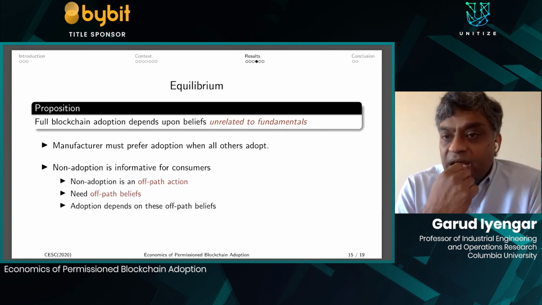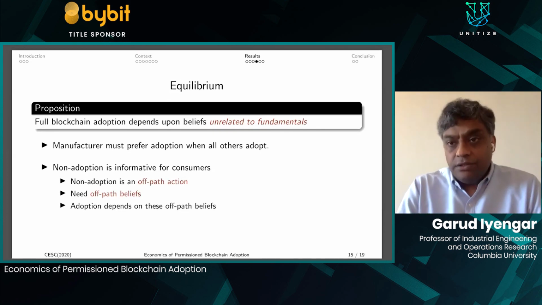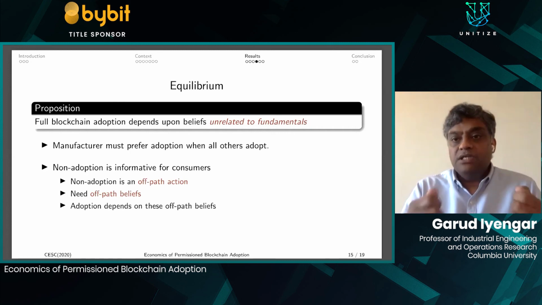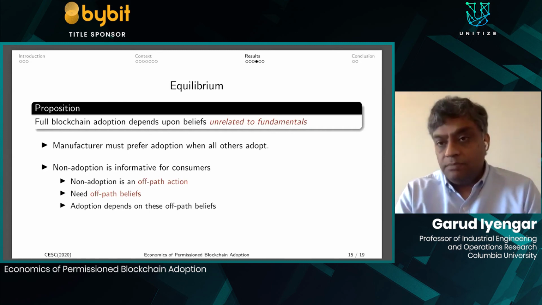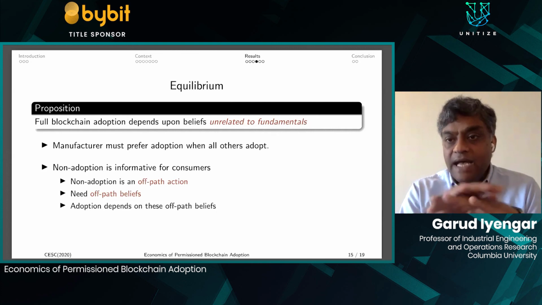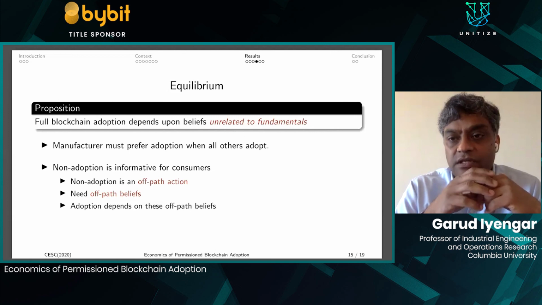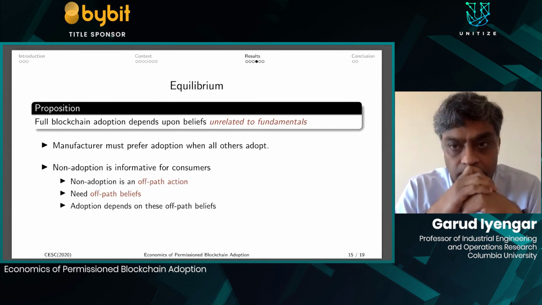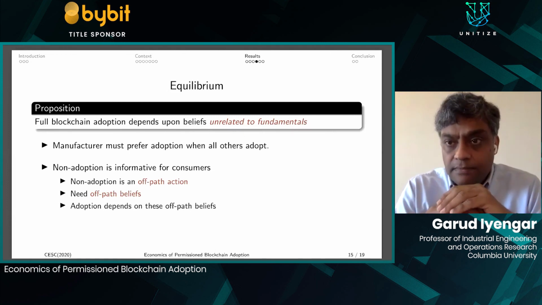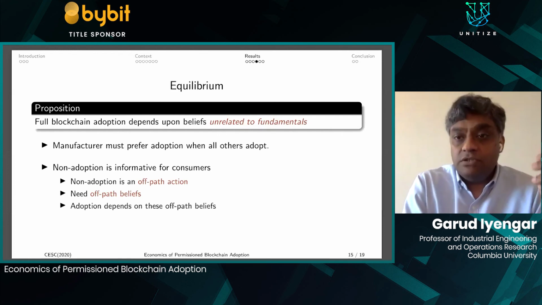Now, when a manufacturer is trying to compare two decisions, whether to adopt or not to adopt, we are looking at a situation where everybody else has adopted, and there is a manufacturer that's trying to understand whether they should adopt or not adopt. Not adopting is an off-path action, meaning that this is not part of the equilibrium. So one has to understand what happens to this off-path action.